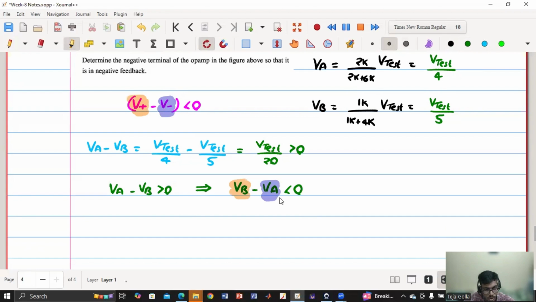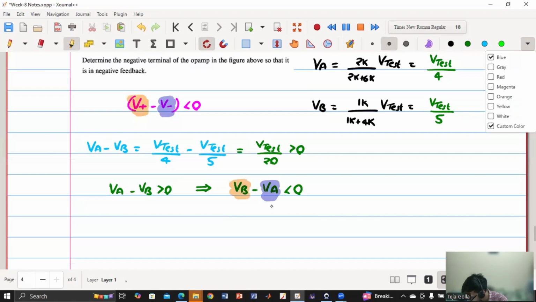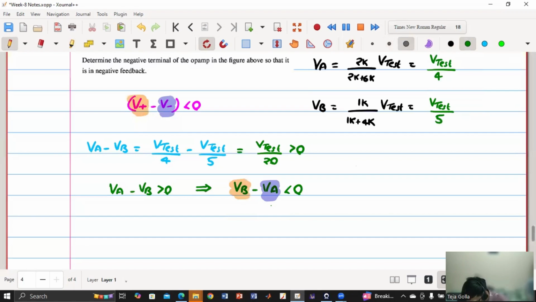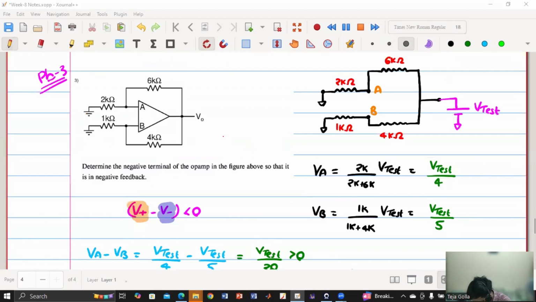So from there, I can get my B to be the positive terminal, because I basically need negative feedback. Then I have to check which terminal should correspond to what to get that negative feedback. So VA is negative and B is positive.